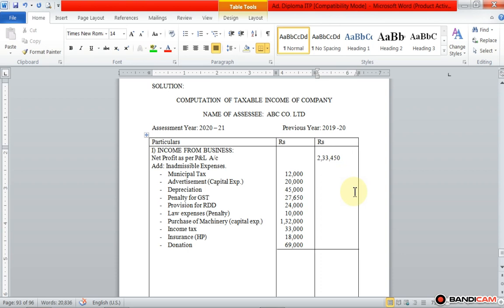Okay, we get 3,90,650. Add this total in net profit, that is 2,33,450. We get an amount that is 6,24,100 rupees.